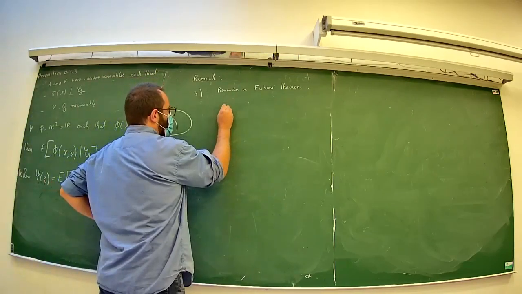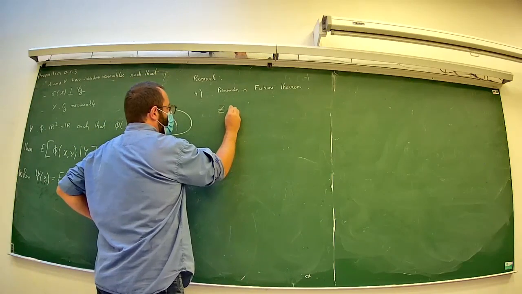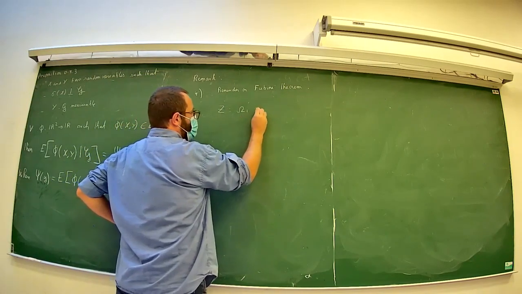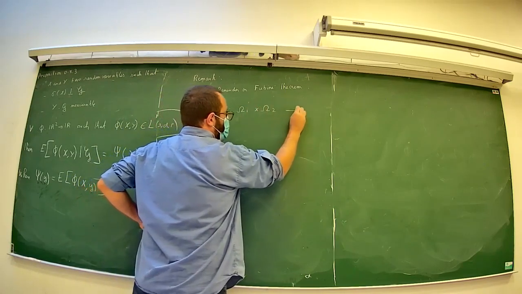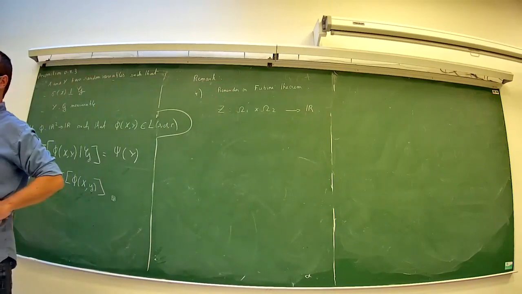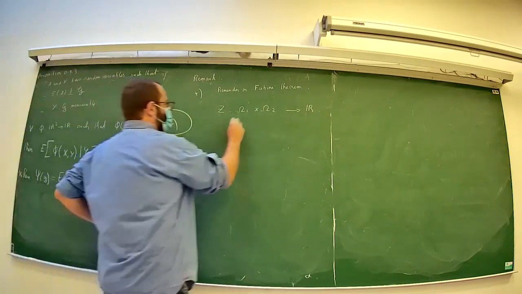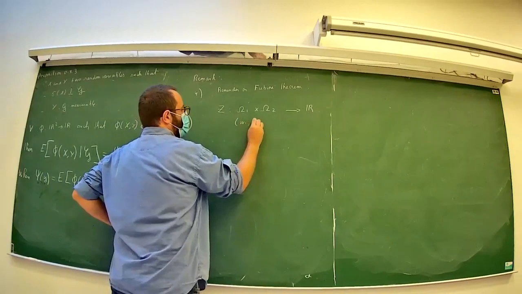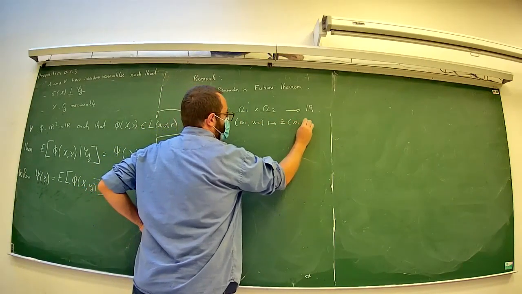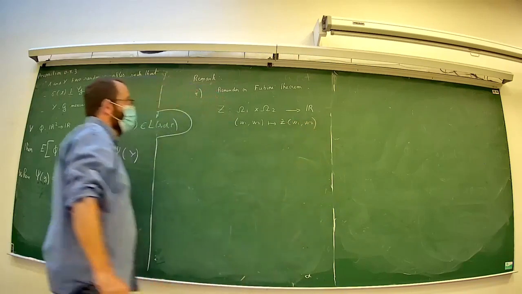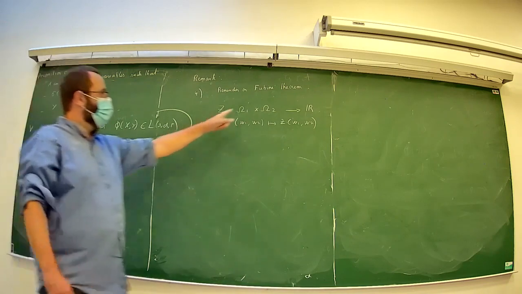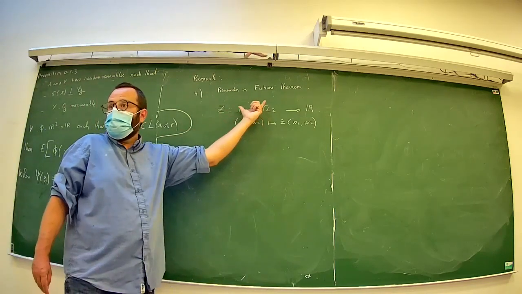So I start from a random variable defined on the product of spaces omega 1 times omega 2 with values in R. Two variables, W1, W2. So I have one universe and another one, and I consider the product of these two sets.